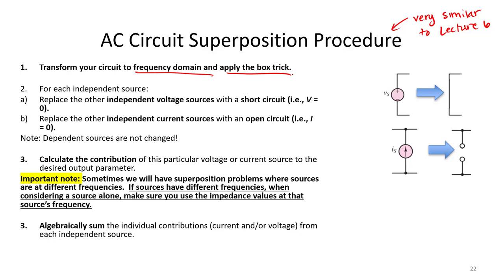Then, just like with DC circuits, we need to consider each source separately. So we replace our independent voltage sources with a short or plain wire, and we replace the independent current sources with an open or broken wire. If there are any dependent sources in the circuit, notice that we do not change those.